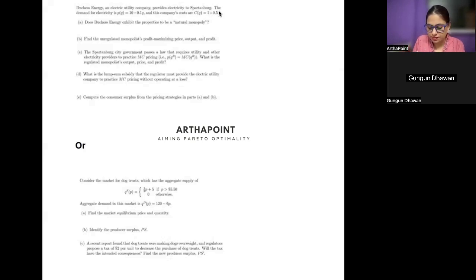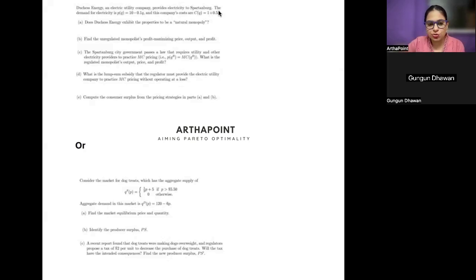Okay. Q will come out to be 95. Correct. And profit will be -1. Absolutely. Correct. Okay. Last, D part. D part, the lump sum subsidy. In the last part, we were getting a loss of -1, so the lump sum subsidy should be 1. Exactly. Right.